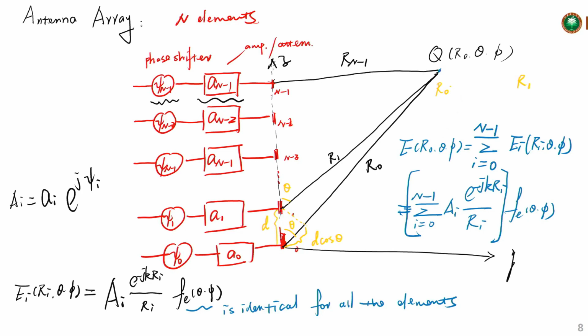So that means R node minus d times cosine theta equals R1. Okay, and for example, for element N-3, R N-3 equals R node minus this part, right? Minus, let me change the color.